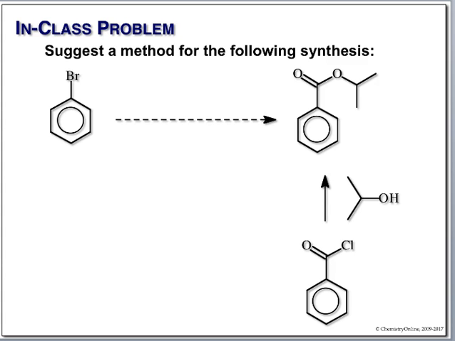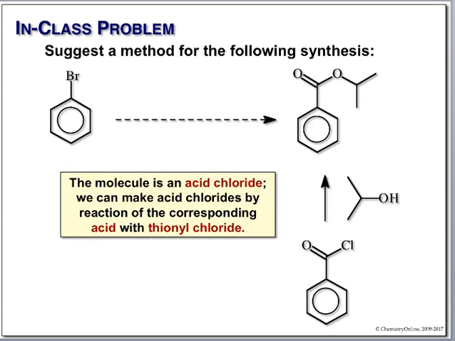All right, how do we make benzoyl chloride? Well, we know we could make that from the corresponding carboxylic acid, right? How would we do that? Well, thionyl chloride usually works. Go ahead and write the reactants here to make benzoyl chloride.